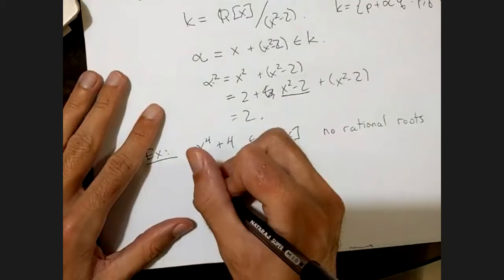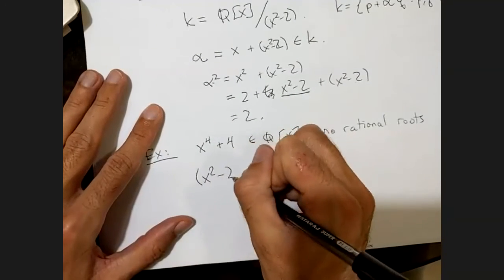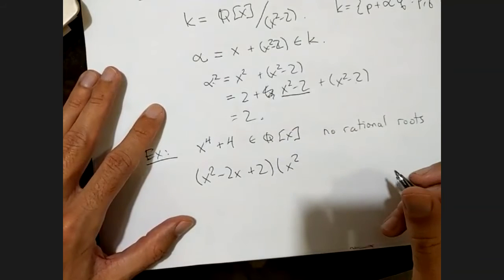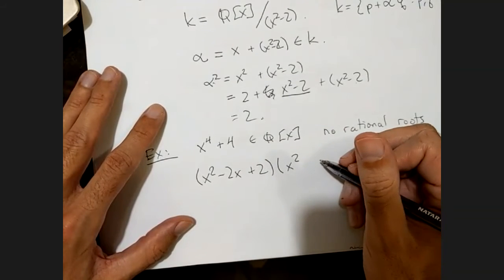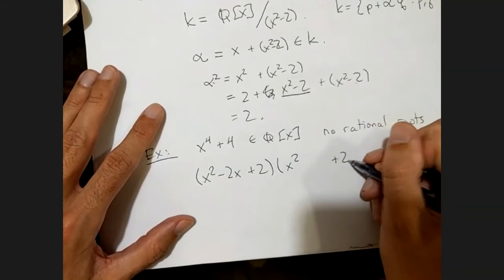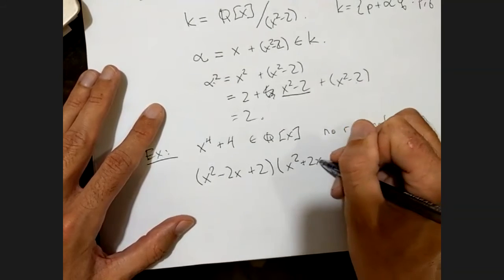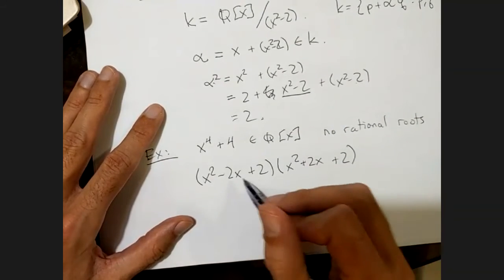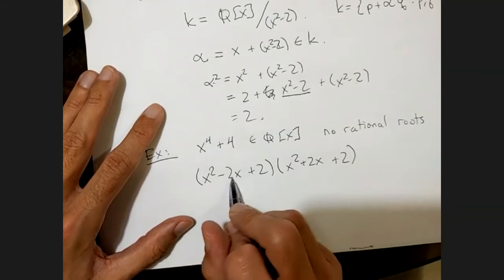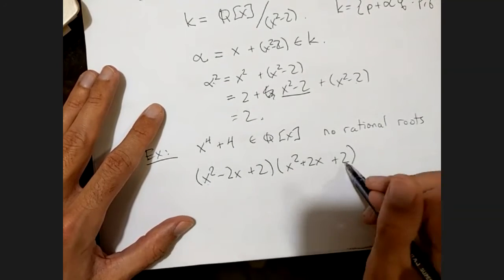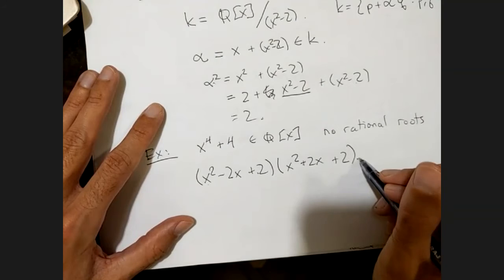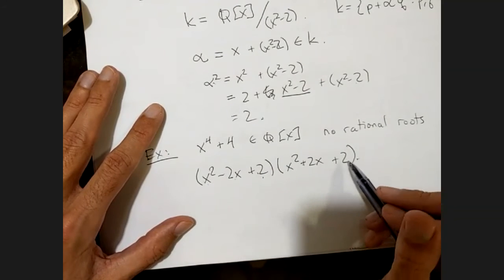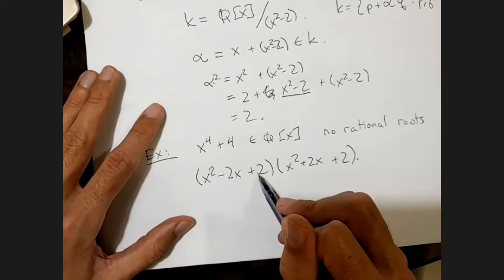I hope I remember. I think it's something like x squared minus 2x plus 2 times x squared plus 2x plus 2. Let's see if that gives the right thing. You have minus 4x squared plus 4x squared, so you have no x squared terms. Then you have minus 4x plus 4x, you have no x terms.